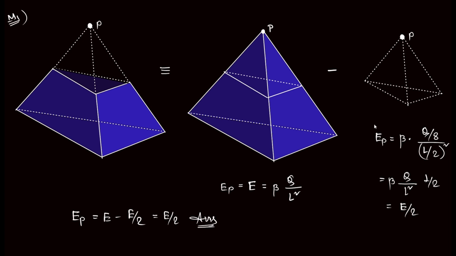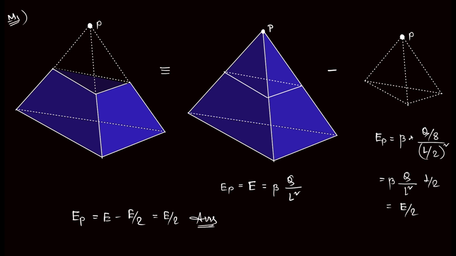So the field at this point due to this smaller tetrahedron is beta times charge upon length square. Now what is the charge on this? We have to first calculate that, and the length is obvious, it is already given in the question that this has half of the length of this bigger tetrahedron, so the length will be L upon 2. But what will be the charge?